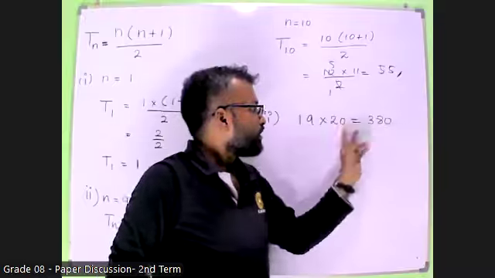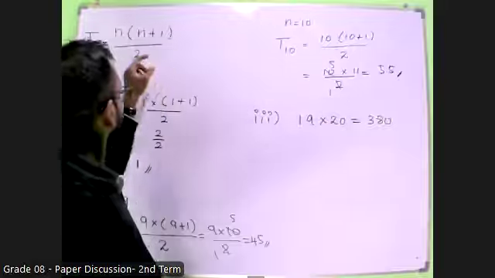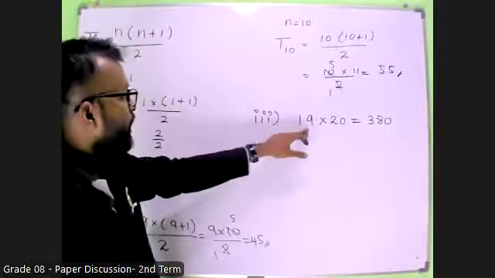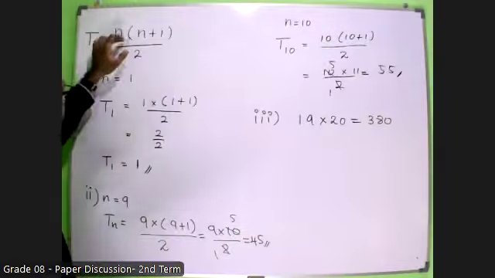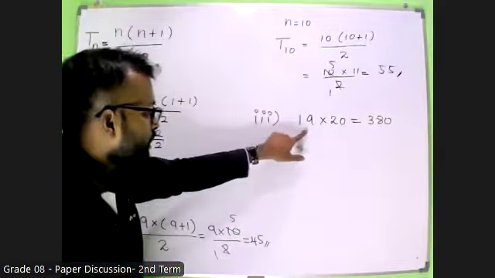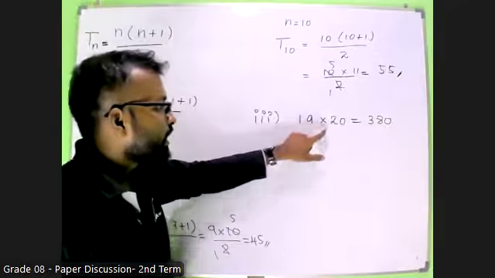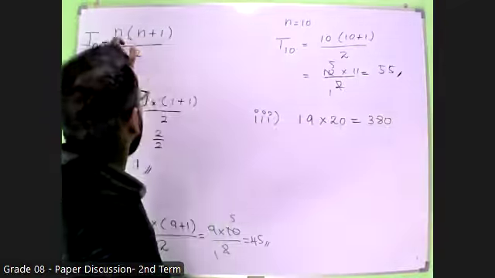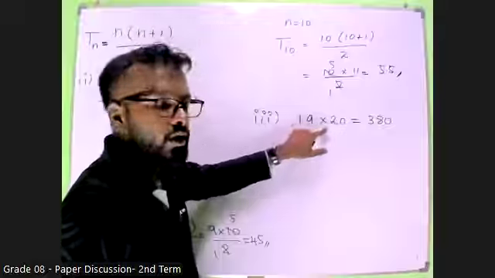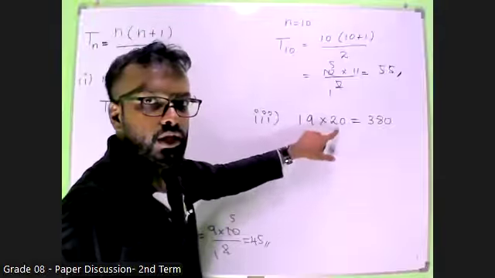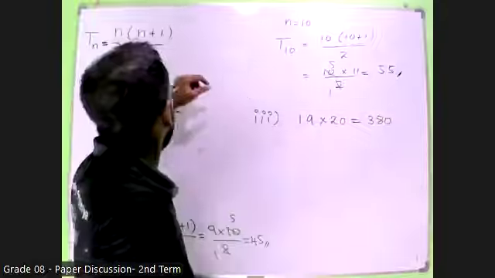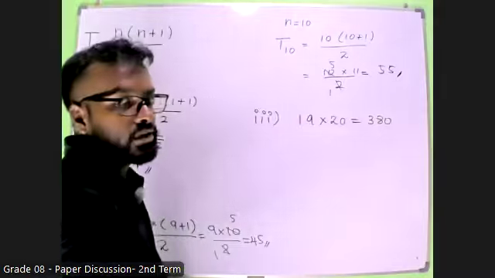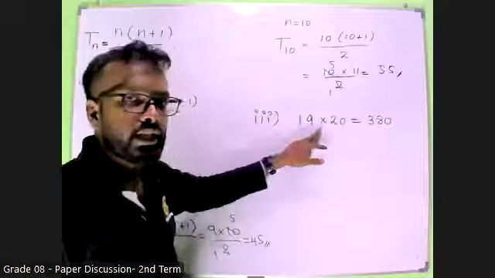This is similar to this part: 19 times 20, because n plus 1, 19 plus 1, 20. n times n plus 1 equals something, the general term, T. But the divide by 2 is missing there.